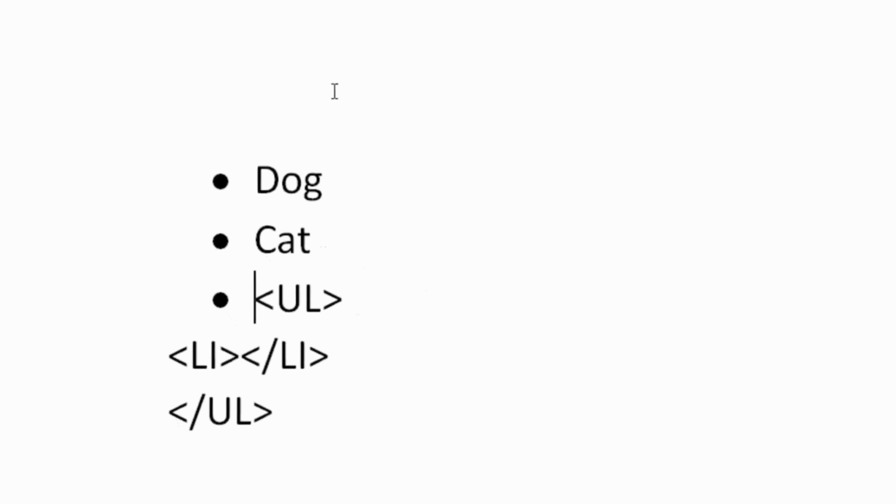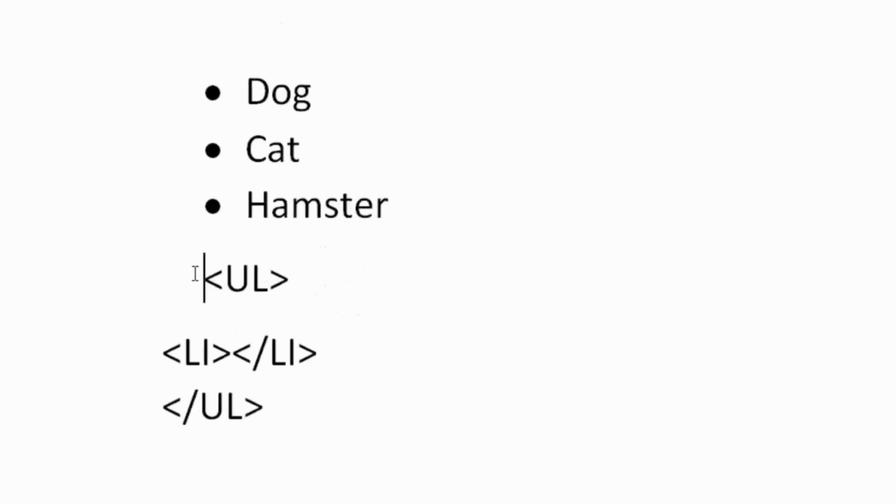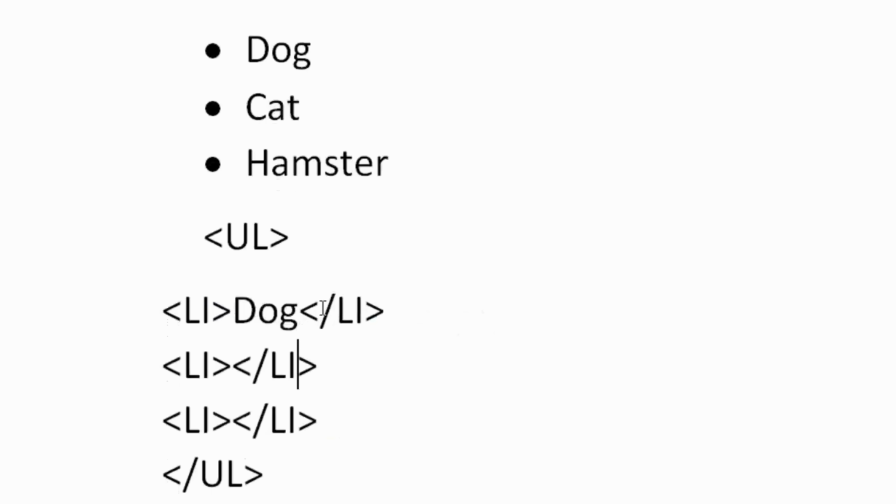So let me do this again. Let's say, for example, we want to list dog, cat. We start the unordered list with this tag, right? And then we finish the list with this tag. Each one of these items is going to be this, right? So this is going to be dog, cat, and hamster.